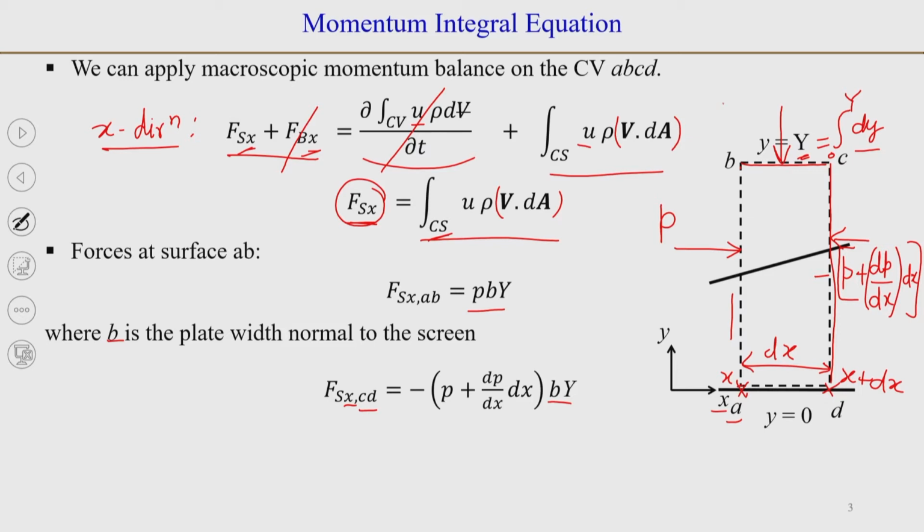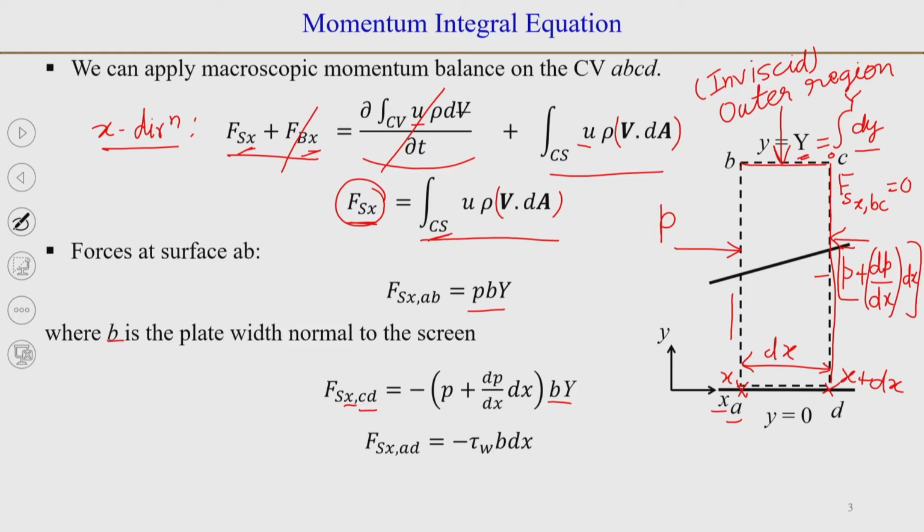Now, this is in the outer region where the flow is inviscid. So, when the flow is inviscid, the shear stress is 0. So, the force on surface BC is 0, or we can say F S x BC is equal to 0.